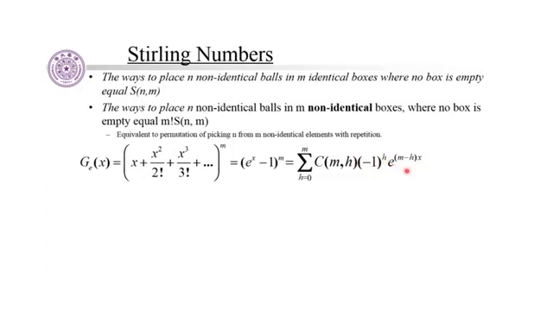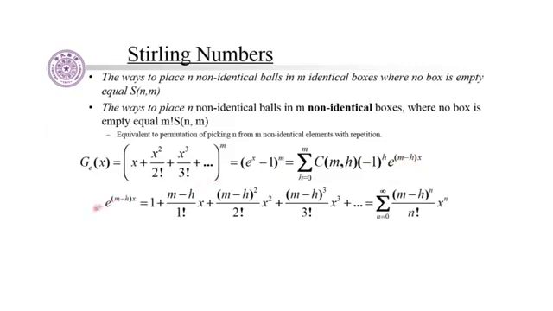And the remaining e^((m-h)x), what does this equal? It uses the expansion of e^x. This can be transformed into 1 plus (m-h) divided by 1 factorial times x, plus (m-h) squared divided by 2 factorial times x squared.